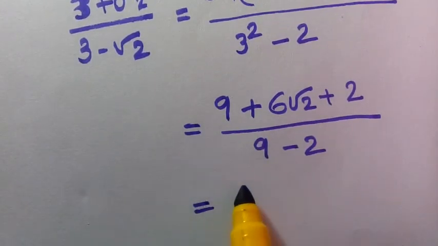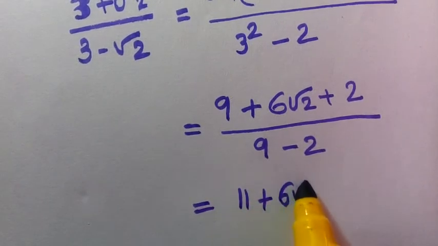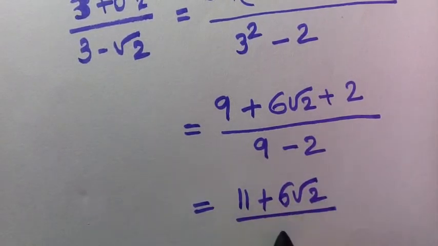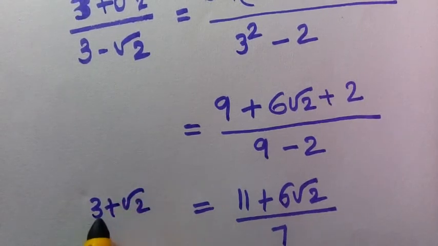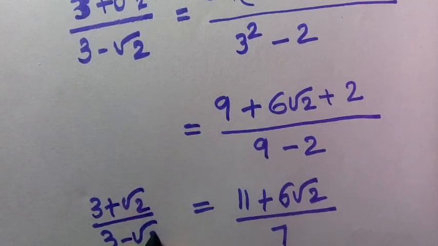Which is equal to (11 plus 6 root 2) divided by (9 minus 2). What is 9 minus 2? 7. So now we got (3 plus root 2) divided by (3 minus root 2) is equal to (11 plus 6 root 2) by 7.